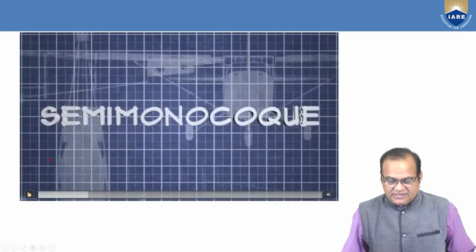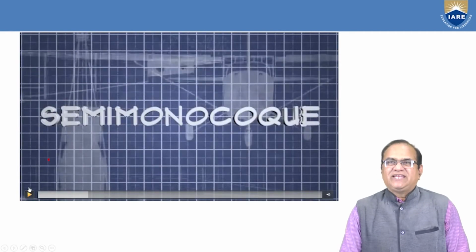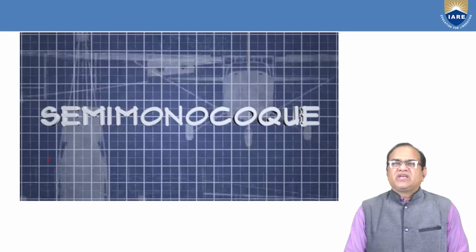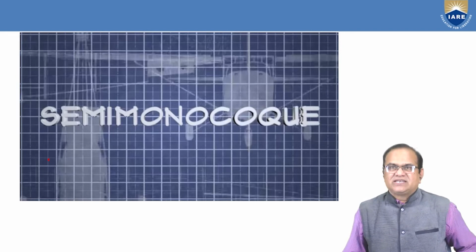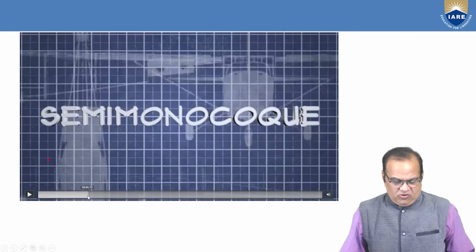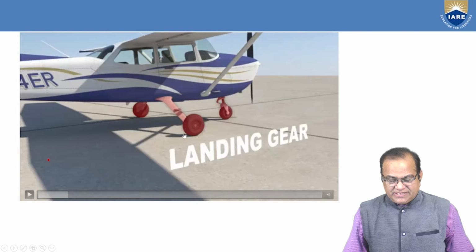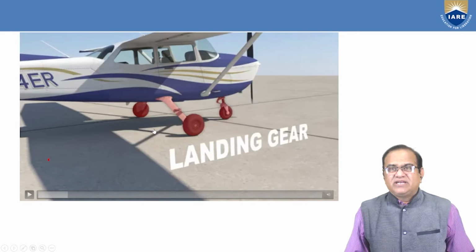Here it is explained that the aircraft structure is a semi-monocoque structure. Here you can see the landing gears of the aircraft. This is called the tricycle landing gear.